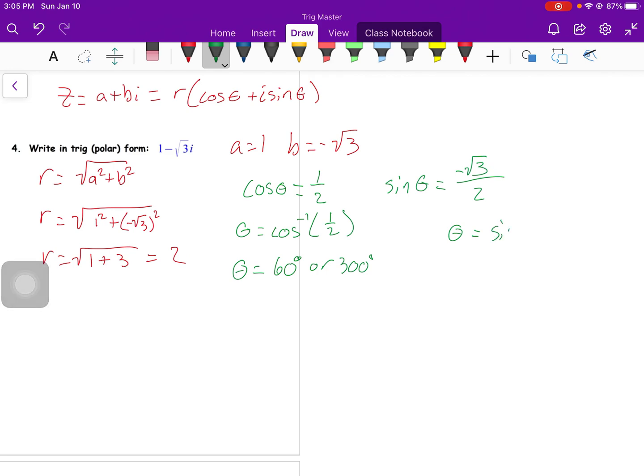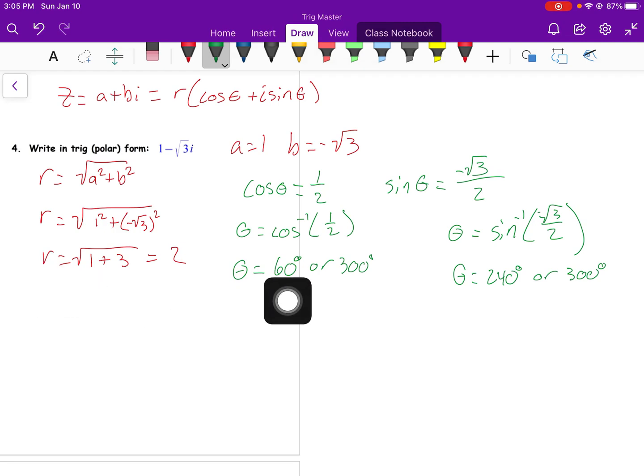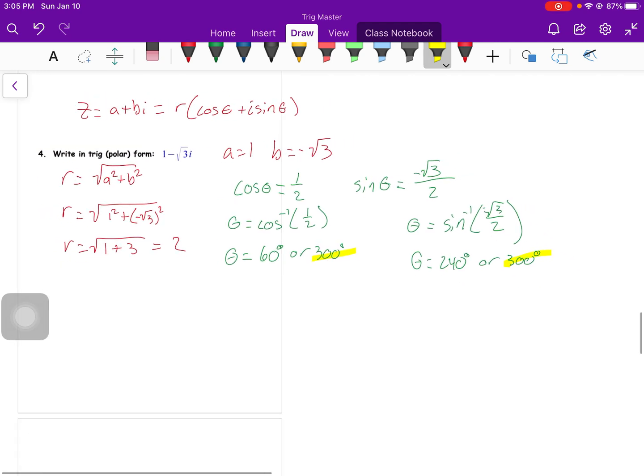For this one over here, sine inverse of negative square root of 3 over 2, I should say. Sine is negative in quadrants 3 and 4, so that's going to be at 240 degrees or 300 degrees. It's tempting to want to put 60 because cosine inverse of 1/2 equals 60 jumps out at you right away, but the actual angle is 300.